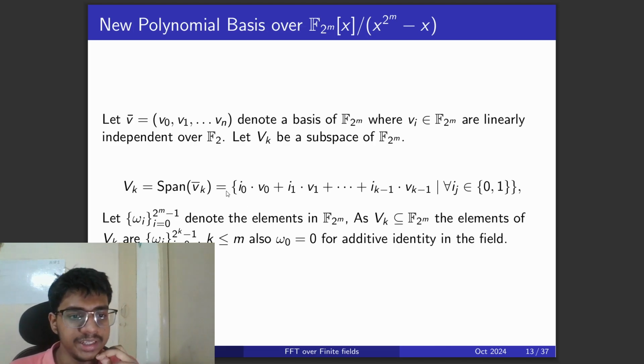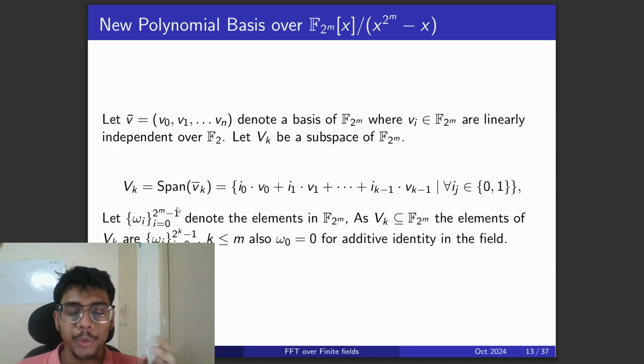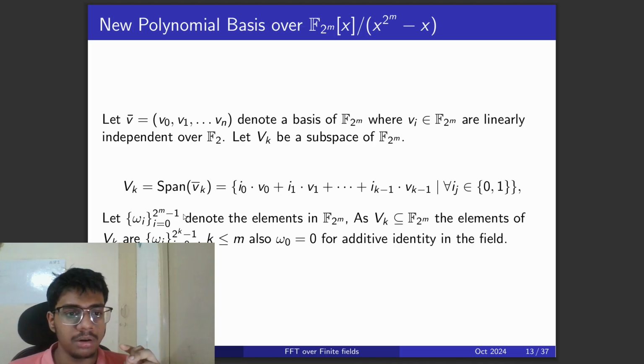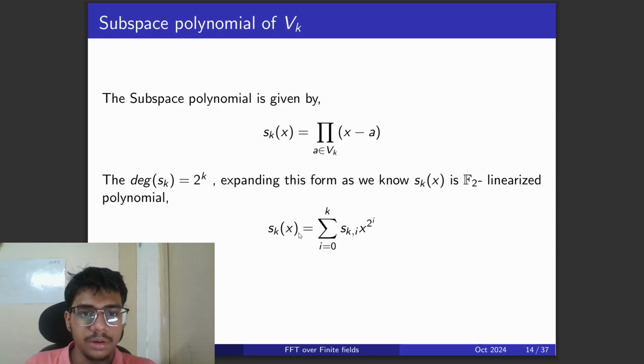In total, in the finite field of dimension 2 to the power of m, we have 2 to the power of m minus 1 elements. For our subspace of dimension k, we have 2 to the power of k minus 1. So moving on, I'll define a subspace polynomial.